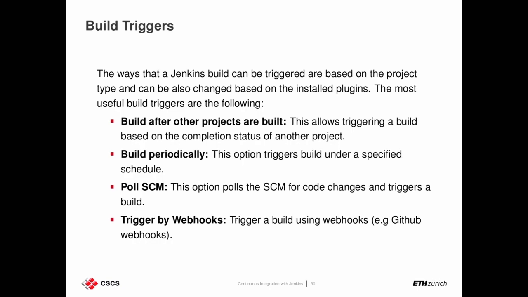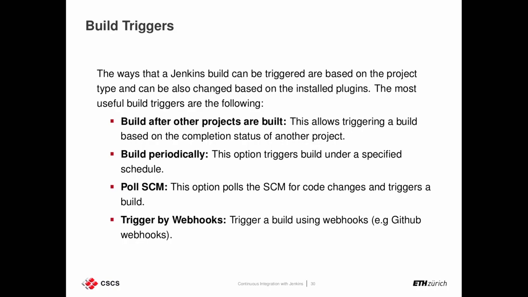So, build after other projects are built. As I said before, you can have a Jenkins project, a Jenkins job, automatically triggered if another Jenkins job succeeded, for example. So you can have a build job that will automatically merge a pull request if it's successful, or it will deploy the newly generated artifact after something is merged.